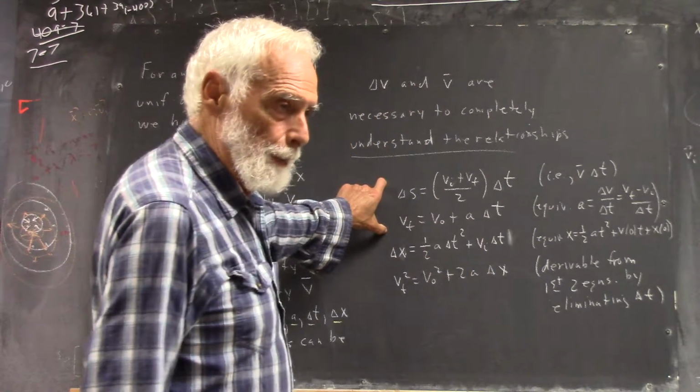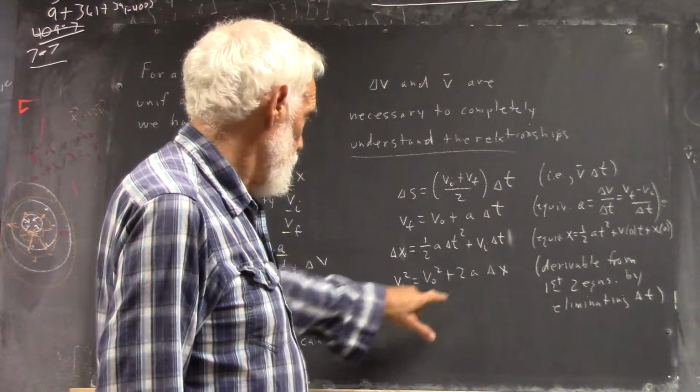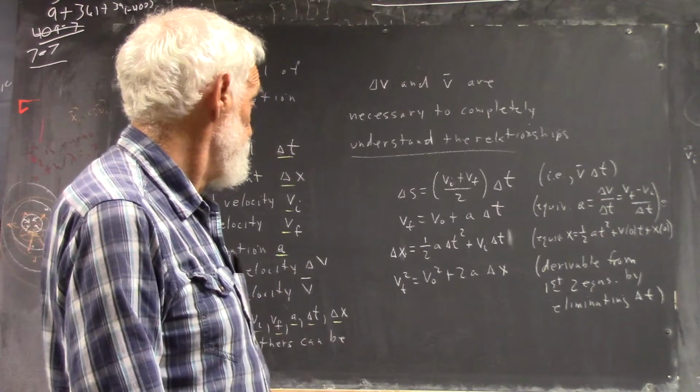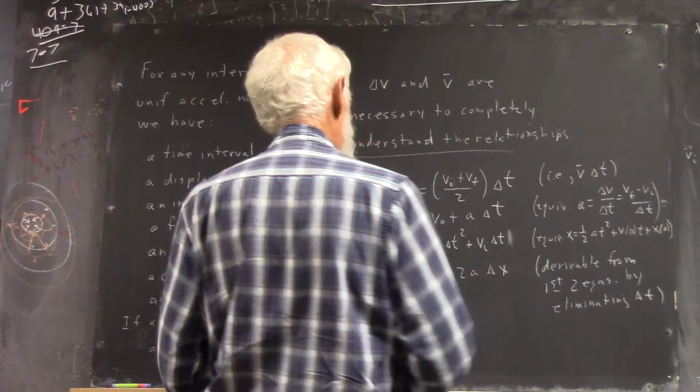Treat these as simultaneous equations. Solve one for delta t, plug that into the other, you get this. And I'd use v naught again. I'll probably do that a lot, so watch me. Okay?